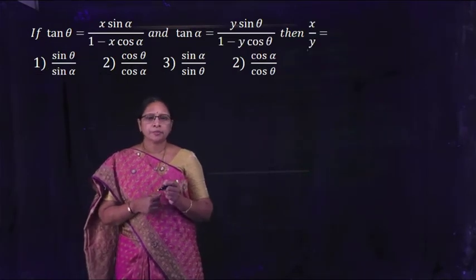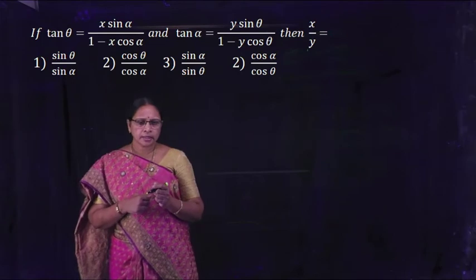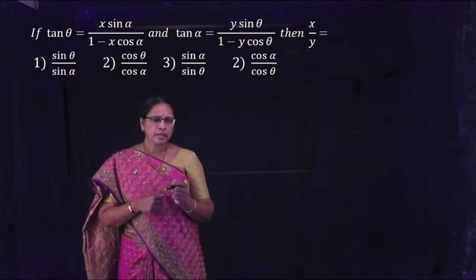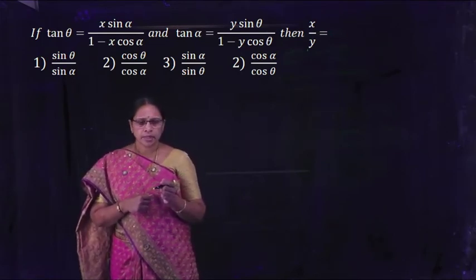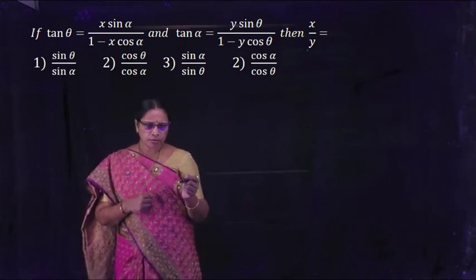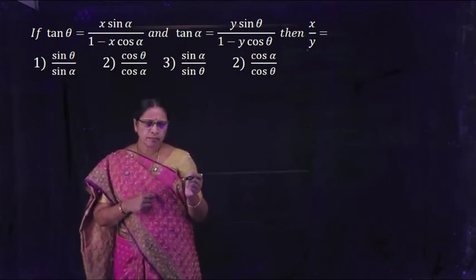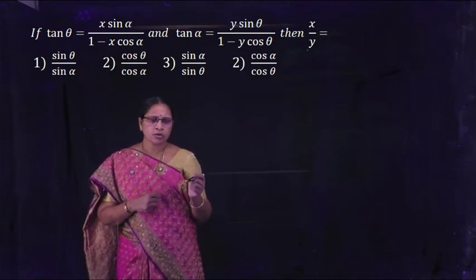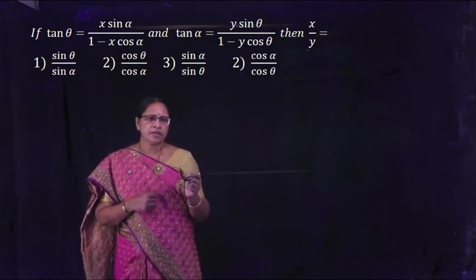See the next problem. If tan theta is equal to x sin alpha by 1 minus x cos alpha and tan alpha equal to y sin theta by 1 minus y cos theta, then x by y is equal to.